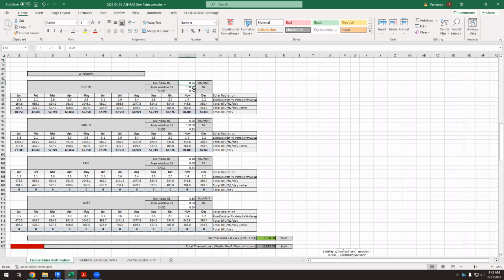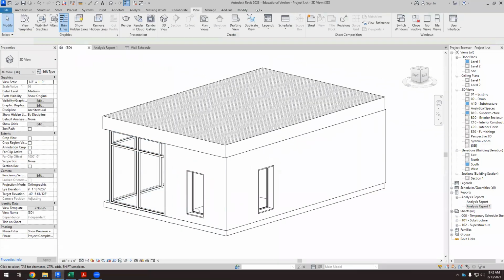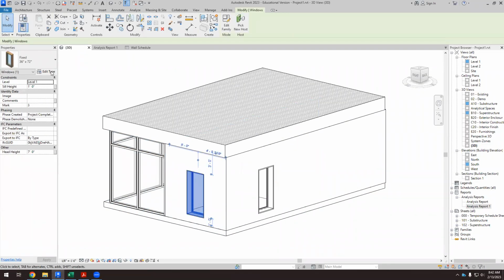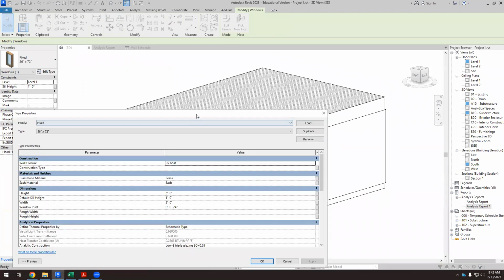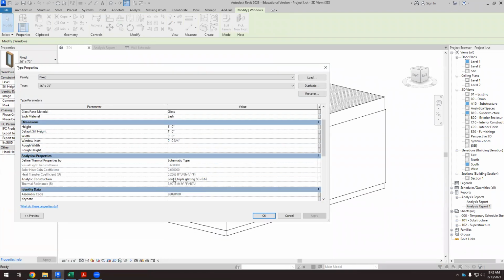Then the U value of the window. Okay, where can I find the U value of the window? If I select this and I edit type, I remember that we selected the same low emissivity triple glazing with the solar heating coefficient 0.65 or 0.64, but it doesn't matter. So this is the heat transfer coefficient. This is a U value.